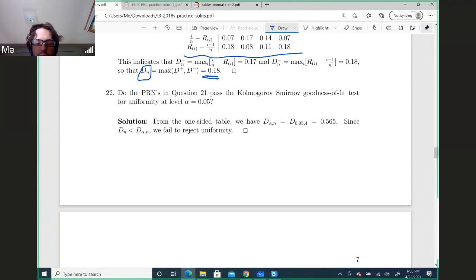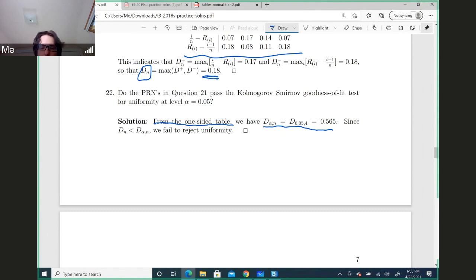Question 22, do the pseudo-random numbers in question 21 pass the KS goodness of fit test for uniformity at level alpha? So this is what I was talking about. They mentioned in the solution that from the one-sided table, they have the critical value here equals 0.565.